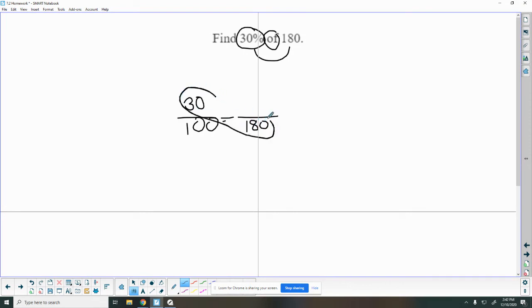So we can multiply by 180, divide by 100, and that will tell me what this number is on the top here. This is also very similar to 7, 8, 9, and 10. So set up your problem. What's your percent? What's your quantity that you have total? What's the percentage that you're matching it with?